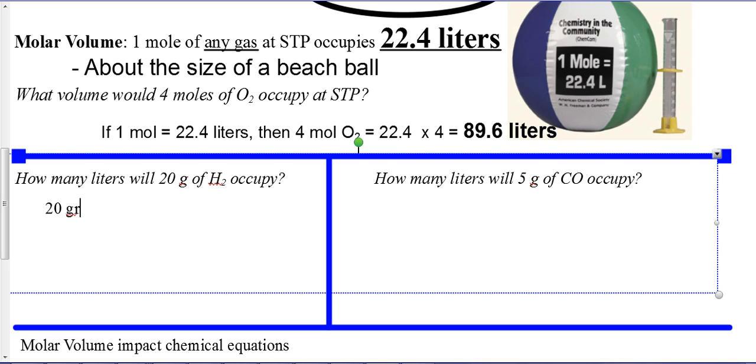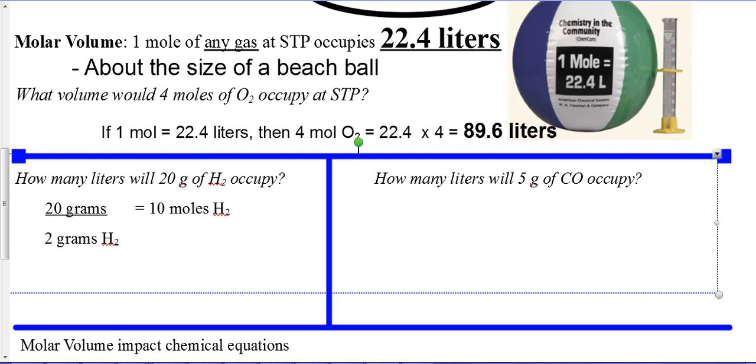and you divide it by the molar mass of hydrogen gas, and you will get 10 moles of hydrogen gas.